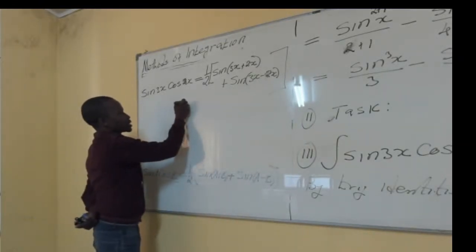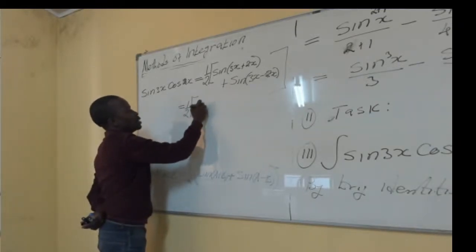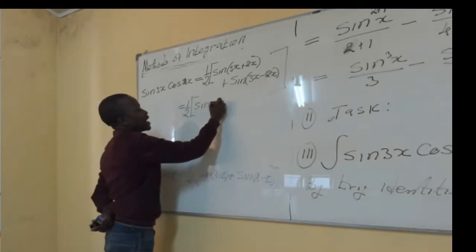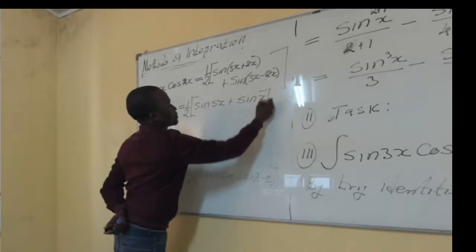When we reduce this, it will reduce to 1 over 2 multiplied by sine 5x plus sine x.